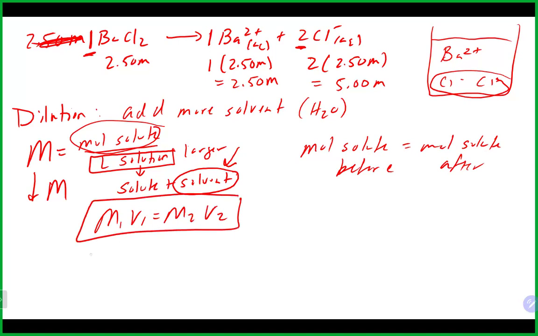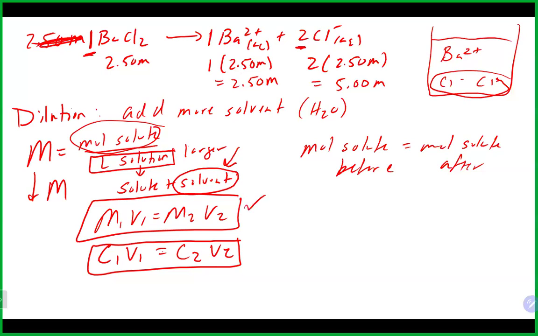There's also a more generic version of this, which is C1V1 equals C2V2, C just meaning concentration. You can technically use any type of concentration you want in this formula. Molarity is probably the most common, which is why a lot of people roll with this equation here.